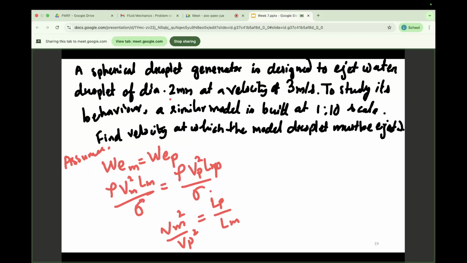What is given in the question? The length ratio is given as 1 is to 10. That means Lm by Lp is 1 by 10, so I can write here 10.